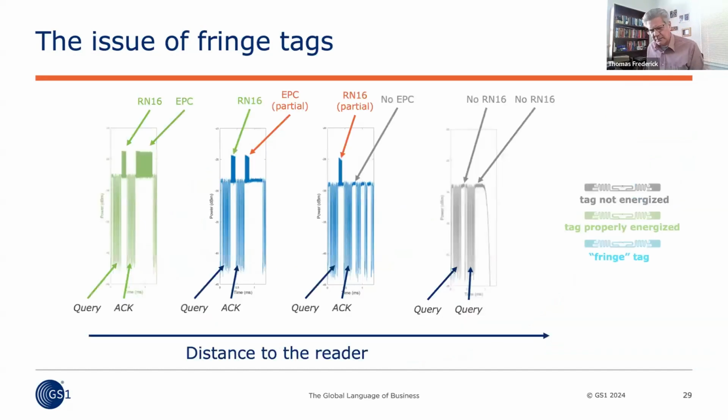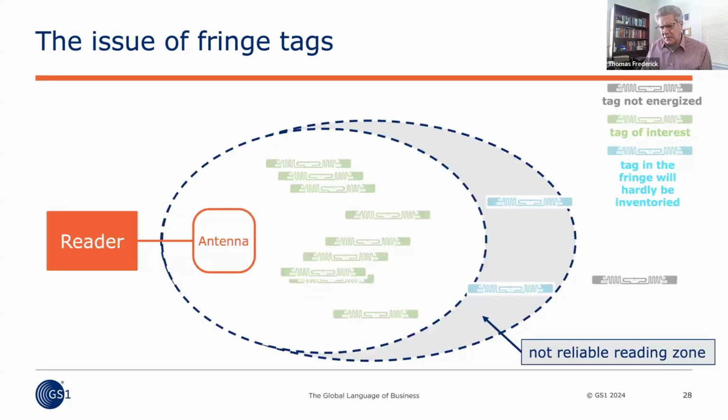And then further to the right are tags that go back up one slide, Claude. So one thing on this slide is the density of tags that I'll comment on. If there's a uniform density of tags, there can be a lot of tags on the fringe, not just two.